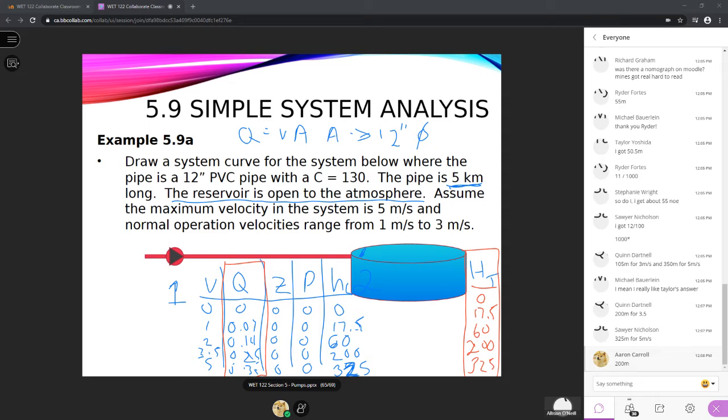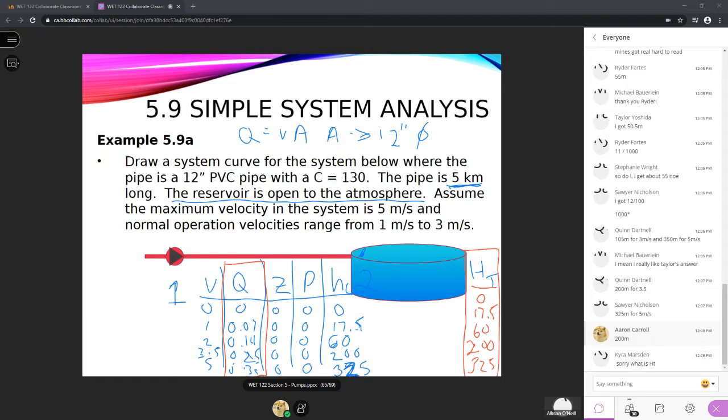So now what we're going to do is, that's the total head, Kyra. So that's all the total dynamic head that the pump has to add to this system.